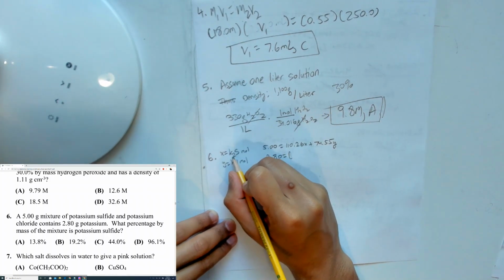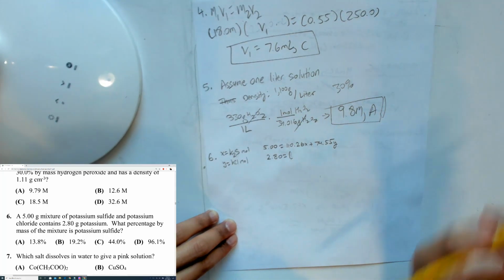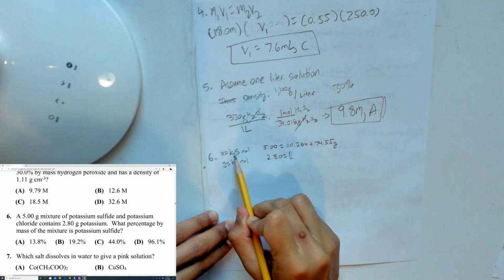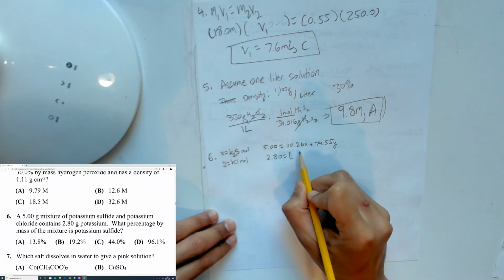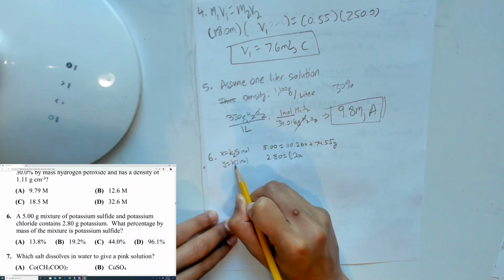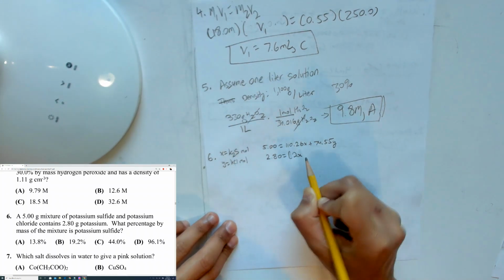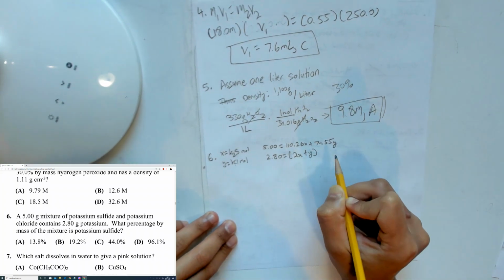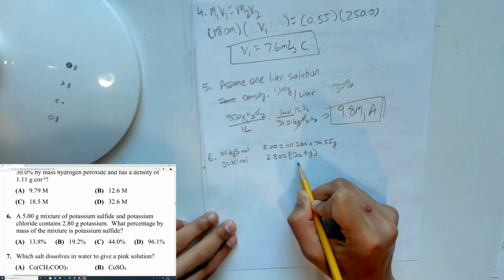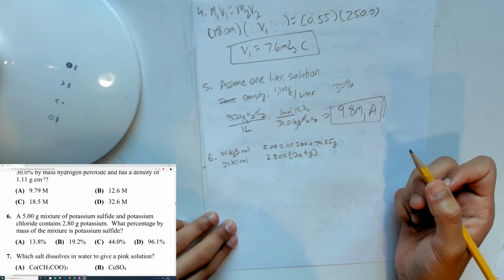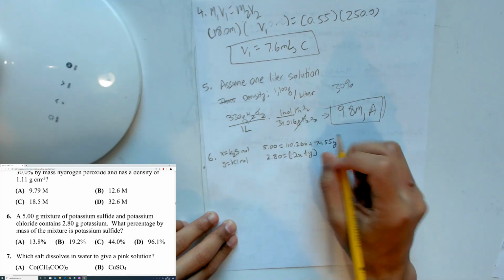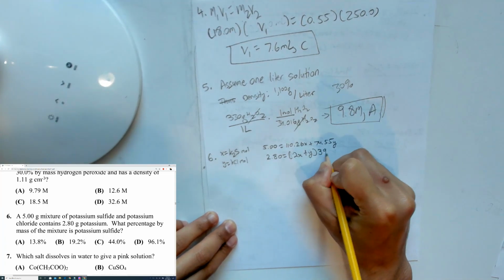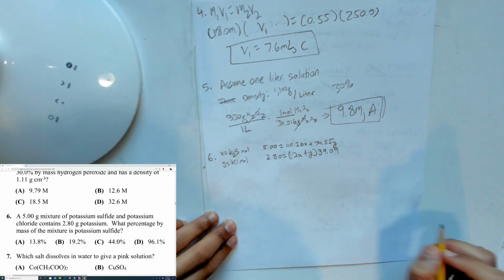Since K2S has 2 moles of potassium per 1 mole of it, you write 2x. And since 1 mole of potassium chloride has 1 mole of potassium, you'll write plus y. So this is your total amount of potassium moles. And then if you want to find the mass, you multiply this by the atomic mass of potassium, and you'll get that amount of mass.